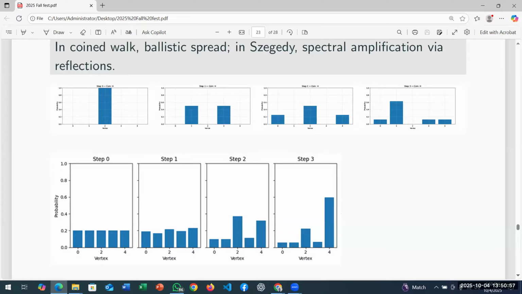For step 0, you just have 100%. For step 0 under Szegedy, you have equal chances. For step 1, it's now 50-50. I used Hadamard to represent the coin in my coin quantum walk here, so 50-50. Here now, the probability is not 50-50, it actually varies. This is the summary of the simulation for the different quantum walks that were used in the project.